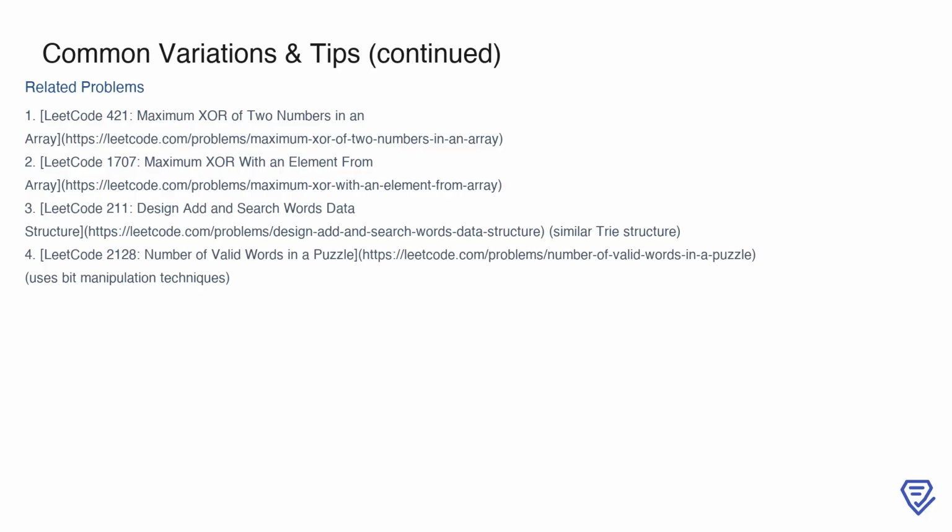Additionally, LeetCode 211, Design Add and Search Words Data Structure, involves implementing a tree, making it a great exercise for mastering tree construction and traversal. Finally, LeetCode 2128, Number of Valid Words in a Puzzle, leverages bit manipulation techniques similar to what's needed for efficient XOR calculations. These problems collectively help reinforce the concepts of optimization, tree usage, and bit manipulation.